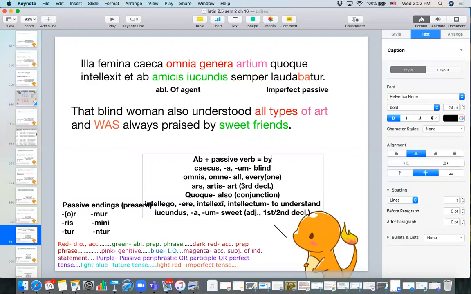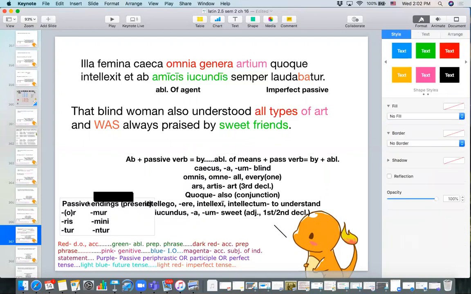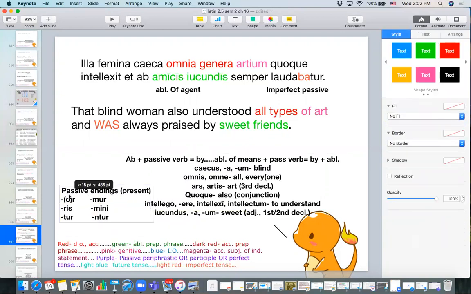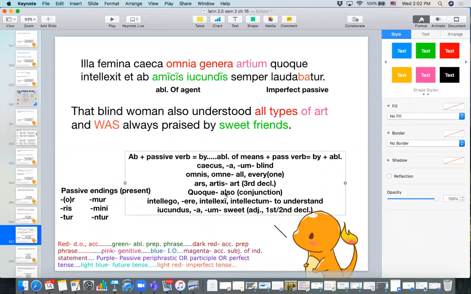Or ablative of means plus a passive verb is not going to be with, but it's going to be by plus the ablative. So if you just think about it, the verb is happening to the subject. So who's actually doing the verb? And you would communicate that with this preposition by plus whatever the thing that is doing the verb is.